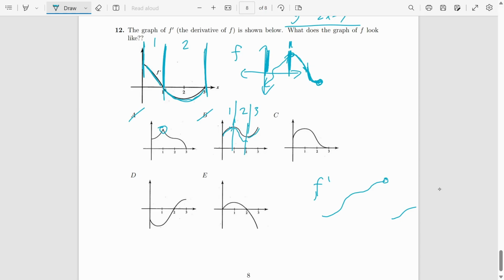Okay, so what about C? Well, it's two segmented, right? It's got 1 and 2, and at the point where it ends, its derivative looks like it equals 0. It's kind of forming a little bowl. And that is exactly the case, because if we look back at f prime, it ends back on the x-axis.